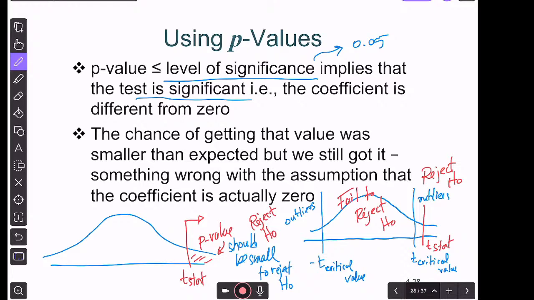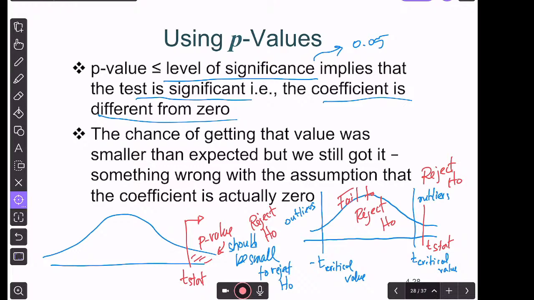The coefficient is different from 0. We call it the coefficient, the slope, the parameter. Those are interchangeable terms. I don't like calling it a parameter because it's an estimate of a parameter. The chance of getting that value was smaller than expected, but we still got it. Something's wrong with the assumption that the coefficient actually is 0, so we reject the assumption.